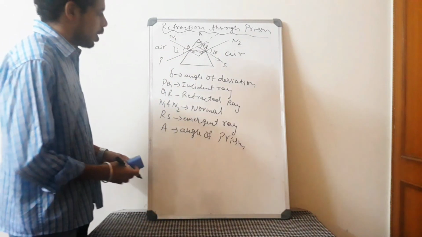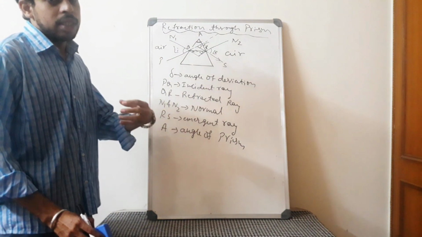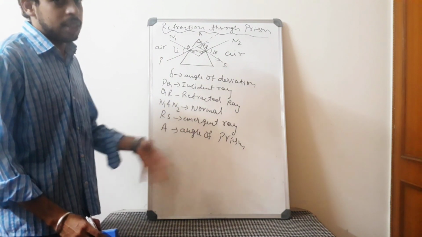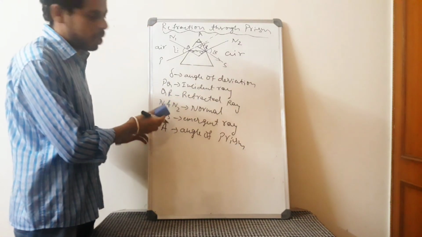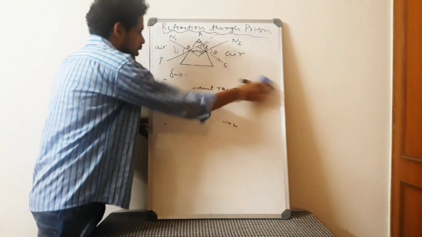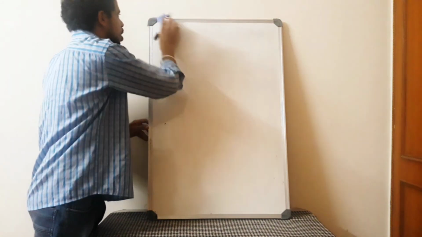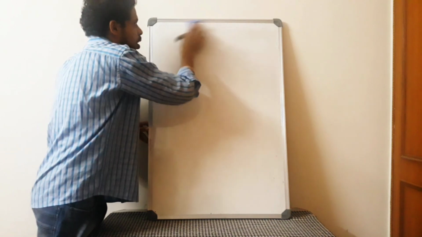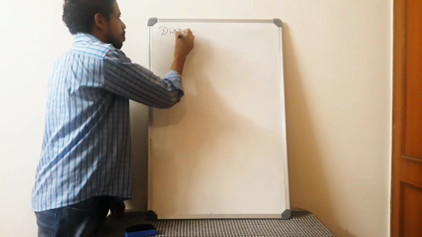But Isaac Newton passed white light through the prism and he found that 7 colors are coming out from this. This is called dispersion of light. I hope you have understood this. Let me go to the next concept, that is dispersion through prism.